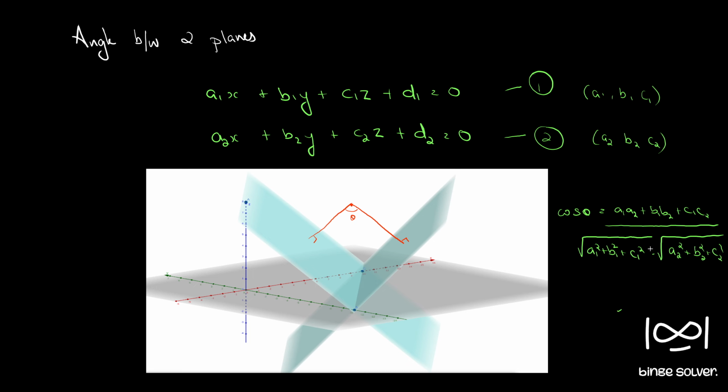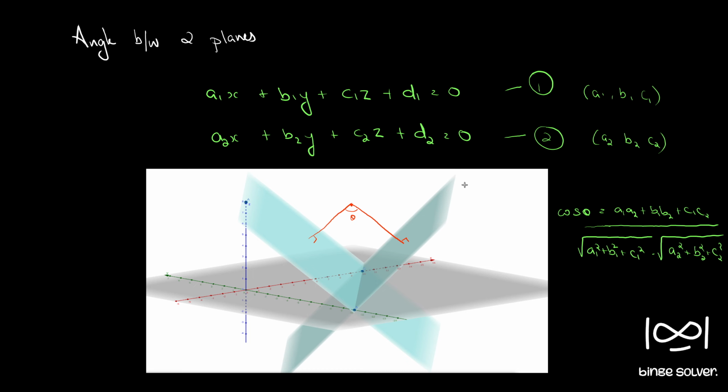So we just need this formula. If you have gone through what direction ratios are and finding the angle between two lines, you will easily understand this formula. Otherwise, please refer that portion. If you have any doubts also, please comment under this video. So this theta will be the angle between these two planes.